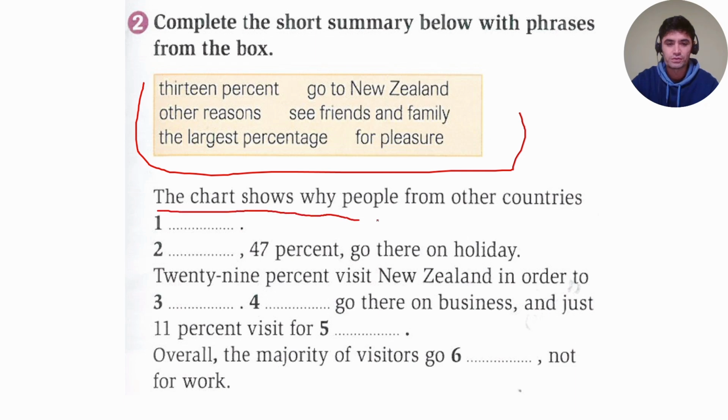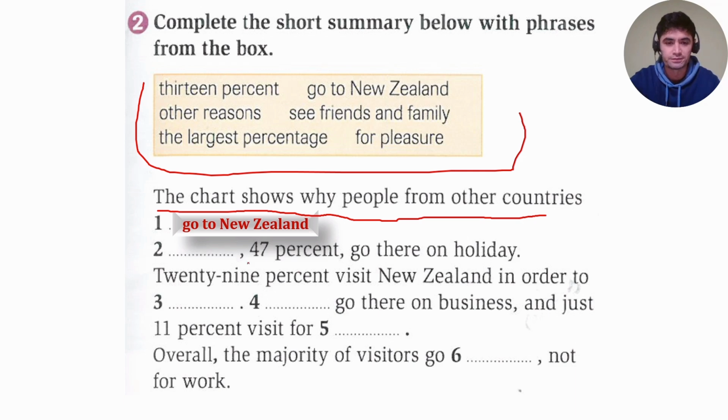The chart shows why people from other countries, by the way, this short summary is about the pie chart we saw earlier on the previous page. So the chart shows why people from other countries go to New Zealand. Remember the pie chart?